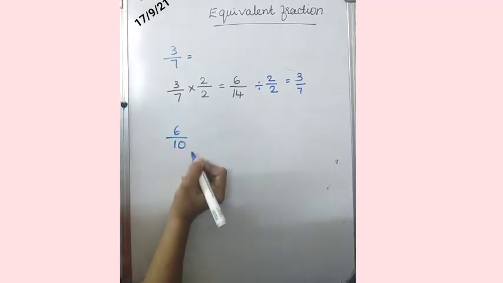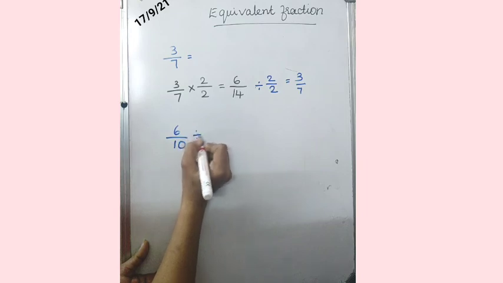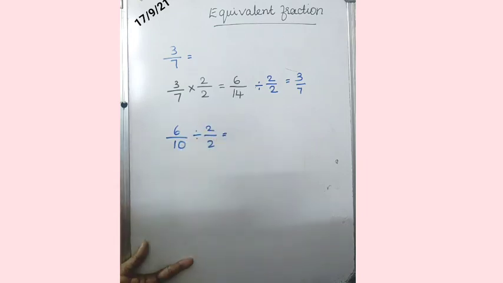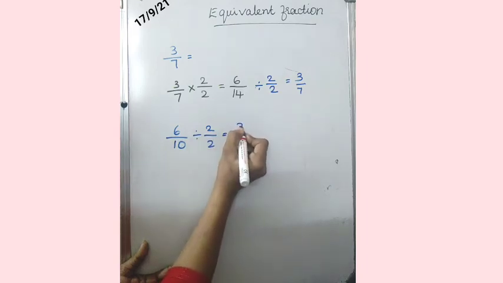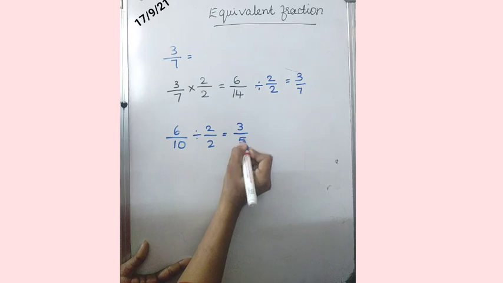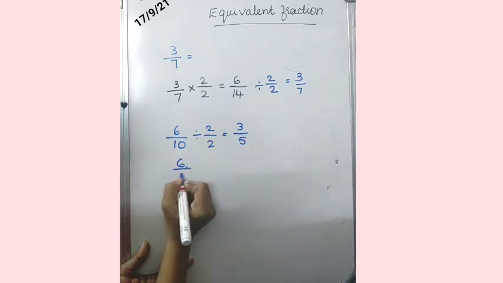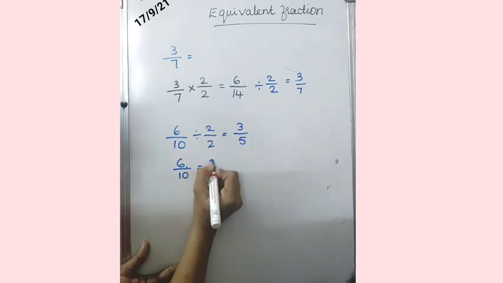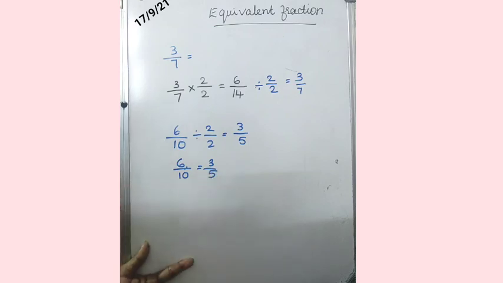For example, 6 by 10. If we divide the numerator and denominator with the same number, 6 divided by 2 gives 3, 10 divided by 2 gives 5. So 6 by 10 and 3 by 5 are equivalent fractions.